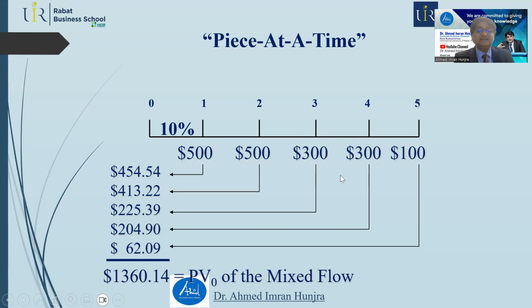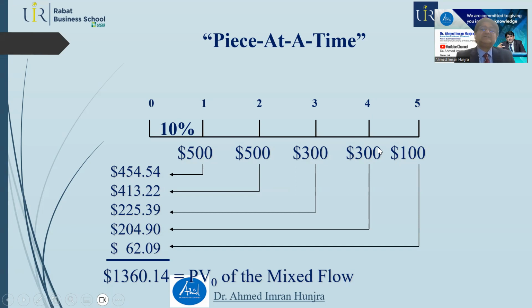In the end, how much are we getting? 1360.14. How much will we be getting in 5 years? 500 plus 500 is 1000, plus 300 is 1300, plus 300 is 1600, plus 100 is 1700.